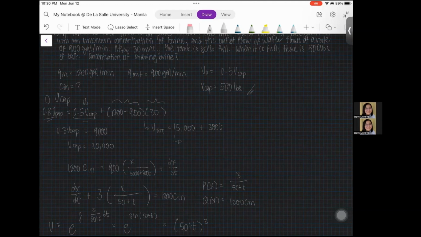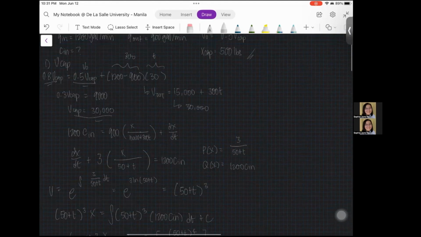So this simplifies into this. Once you've gotten your total, which is this one, since it's half, this is half of 30,000, and then the difference between 1,200 and 900 is 300, and then this one is for time.